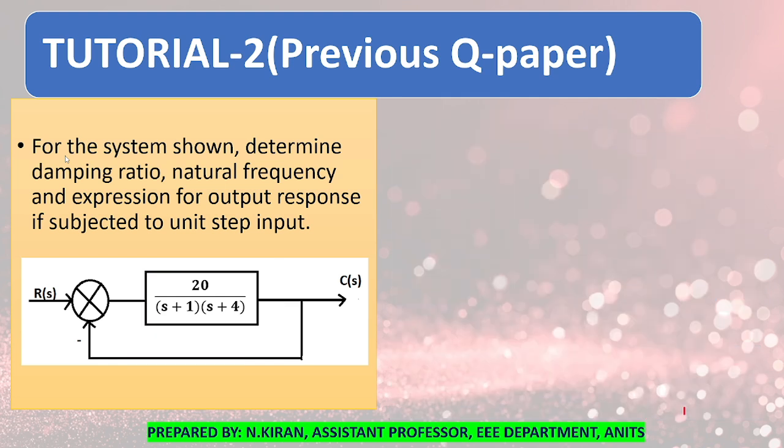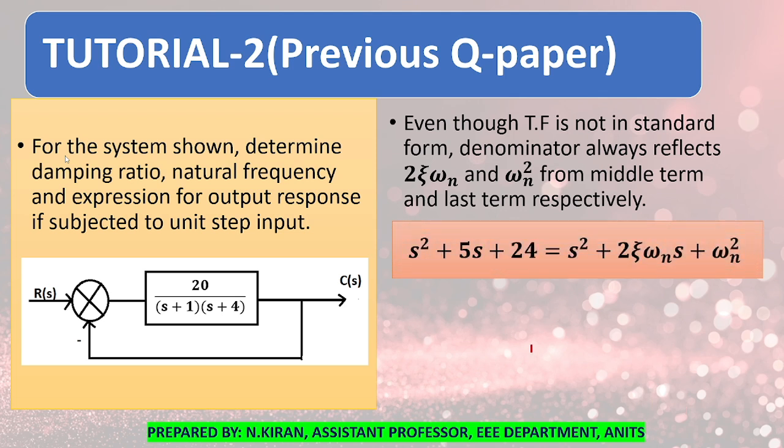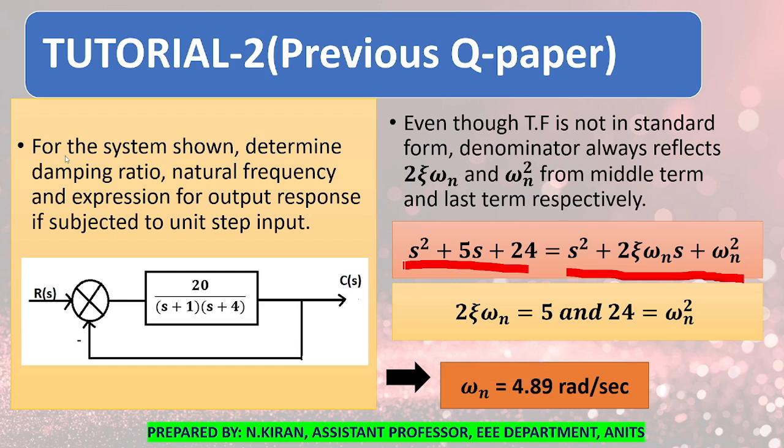Since in this case the obtained transfer function is not in the standard form, we'll only compare the denominator polynomial, that is S square plus 5S plus 24, with S square plus 2 zeta omega n S plus omega n square, which will give me the value of omega n to be 4.89 radians per second, and correspondingly from this expression the zeta value can also be obtained, which is 0.51.